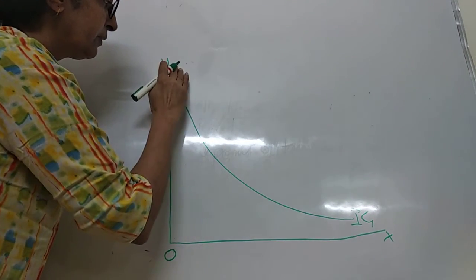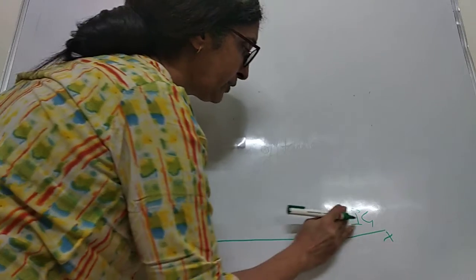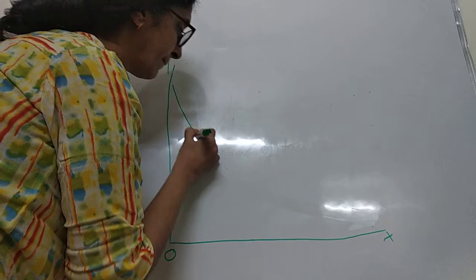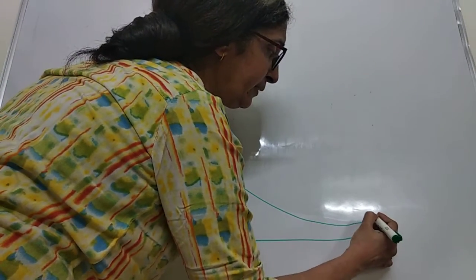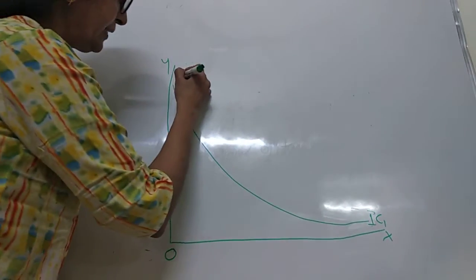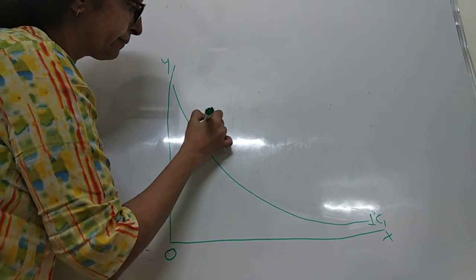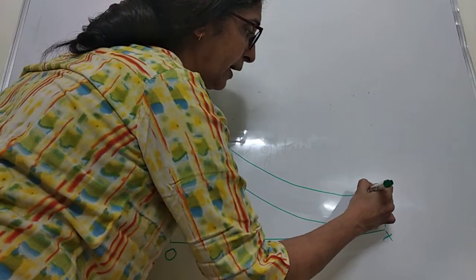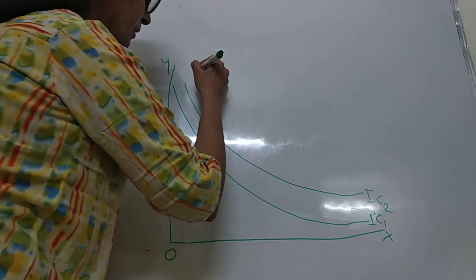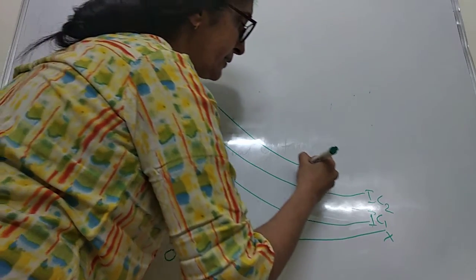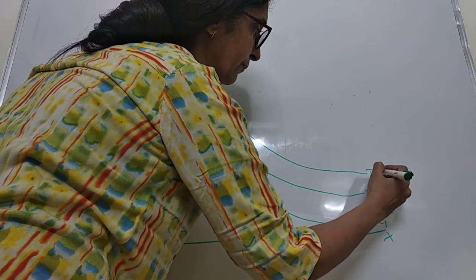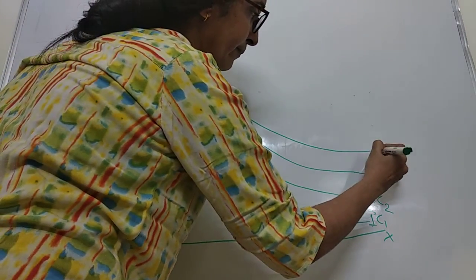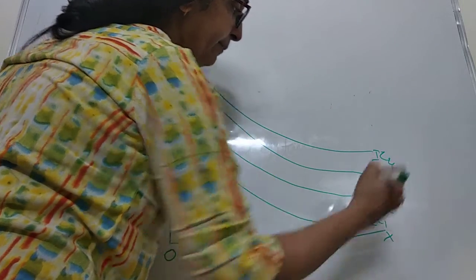Then here is IC2, and here is IC3, IC4, and so on. Okay, fine.